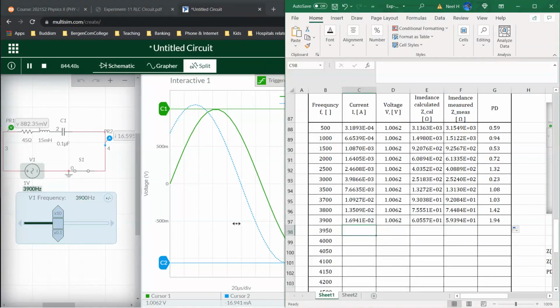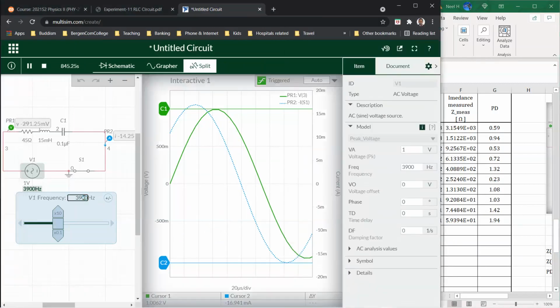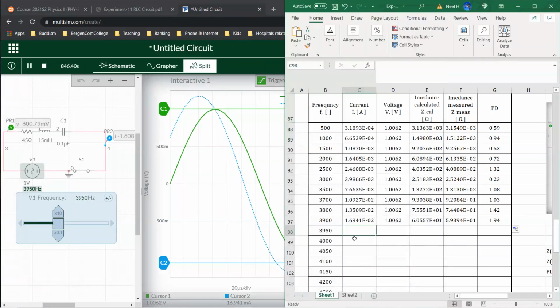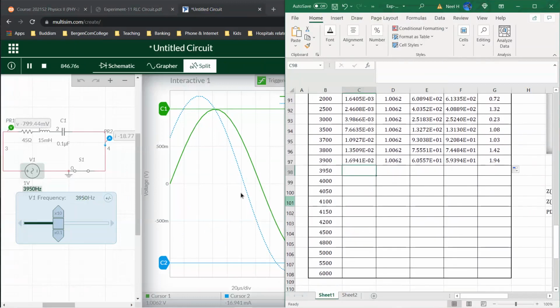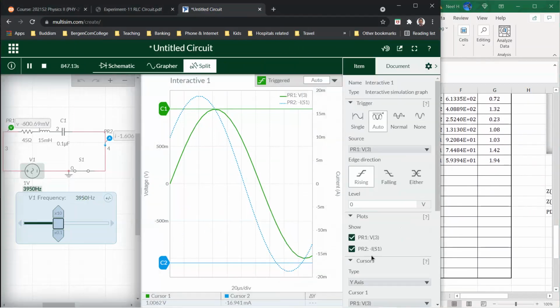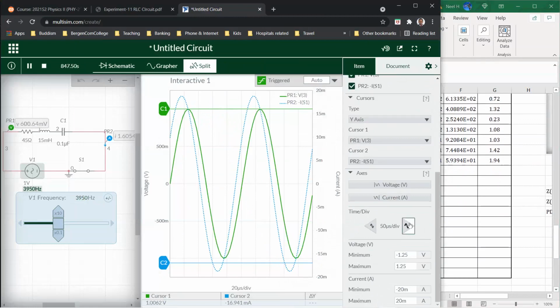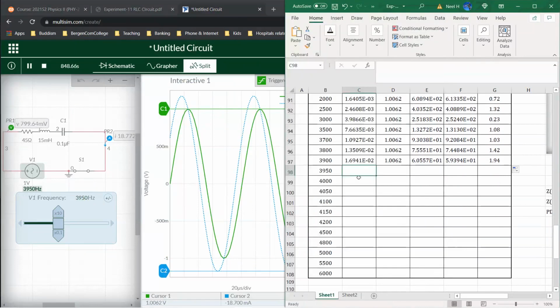We'll do 3950. Voltage remaining the same. The current is about 0.0187.